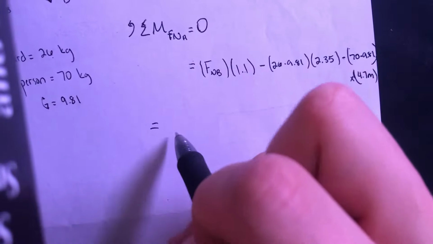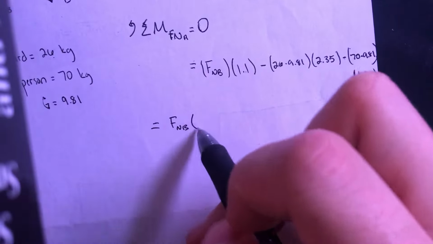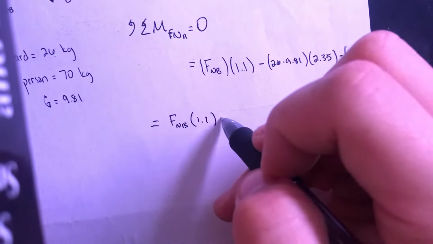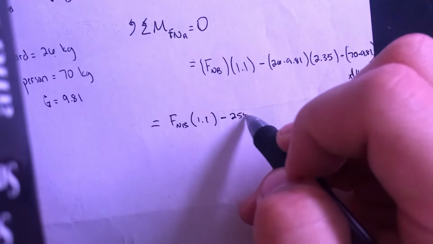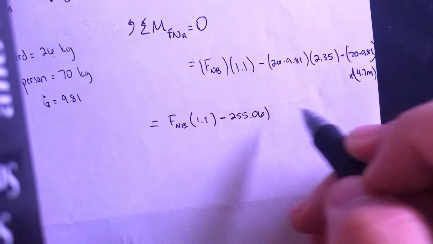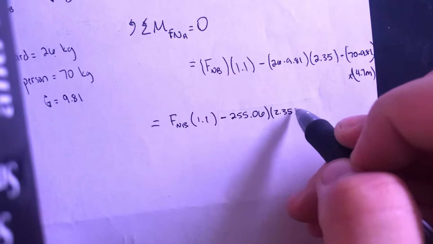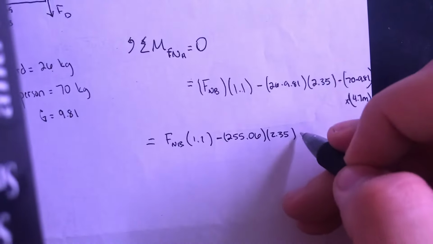So we can just keep the normal force of point B times the distance at which it occurs, 1.1. And then we can write minus 255.06 still multiplied by the distance. And then we'll minus that.